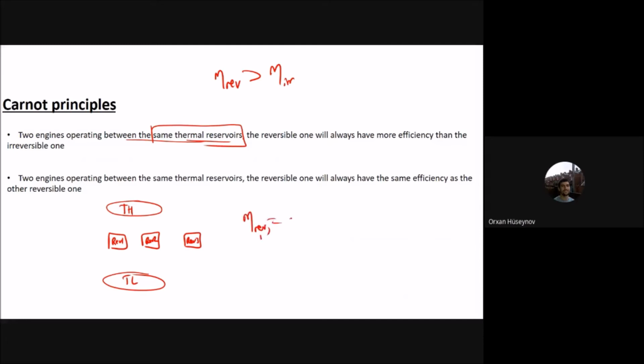Reversible 1 efficiency is the same as reversible 2 efficiency, the same as reversible 3 efficiency, and so on. These are the two important results of the Carnot principles. In other words, it means that ideality is the limit. You can approach it, but you can never get it.